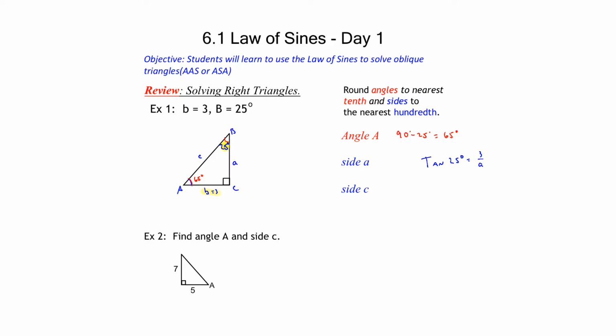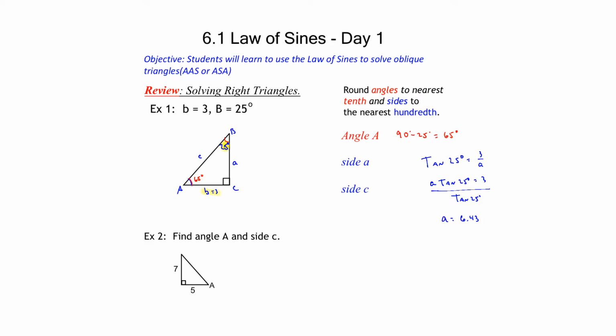Then we multiply both sides by a, so a times tangent of 25 degrees is equal to 3. Divide by tangent of 25 degrees. When you plug this into your calculator, make sure your calculator is in degrees. Since it's a side length, we round to the nearest hundredth, and we should get a is equal to 6.43.